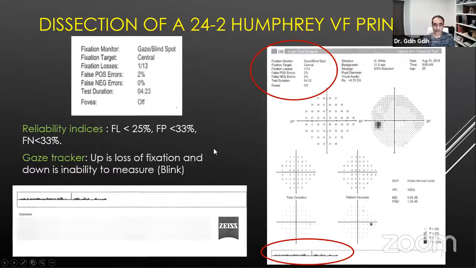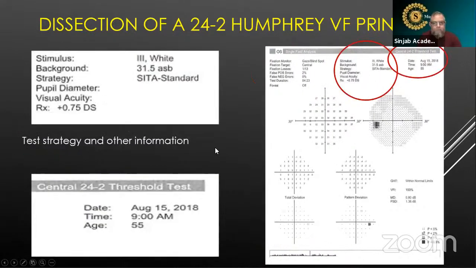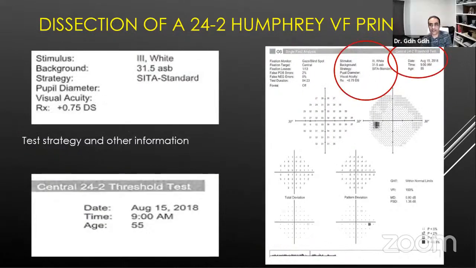And then in the upper middle area, we have some information, which is the stimulus size and color. Remember, we said we're testing white on white. That's our interest today, the standard test, which is a white on white stimulus.